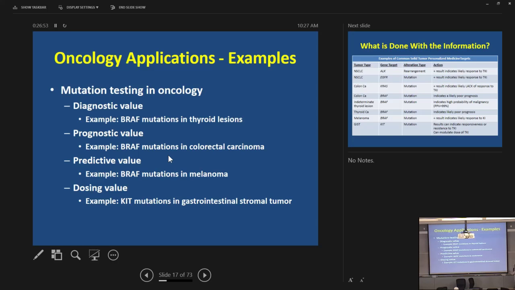Okay. Predictively, you just got a good refresher in melanoma. If we have a BRAF mutation, what does that mean? Okay, you respond to our BRAF inhibitors, right? Right. So here, BRAF can be used 3 different ways: diagnostically, prognostically, and also predictively in different cancers. Okay. Then you can also have a dosing value.